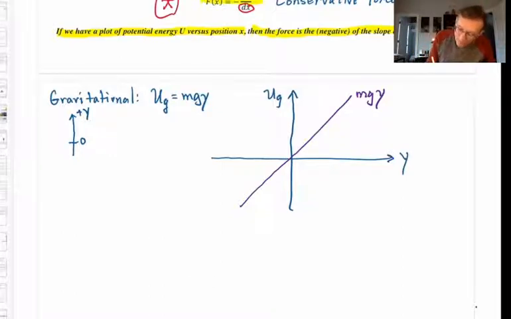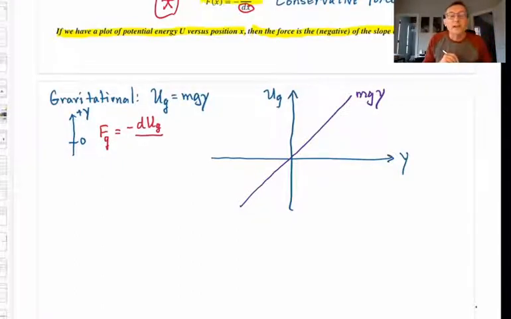Now, apparently, it must be true that the corresponding force, gravitational force, is the negative of the derivative of the potential energy. So I'm going to take the negative derivative of ugrav with respect to the coordinate, which in this case is y. It's not hard to take this derivative, the derivative of that with respect to y with m and g constant.